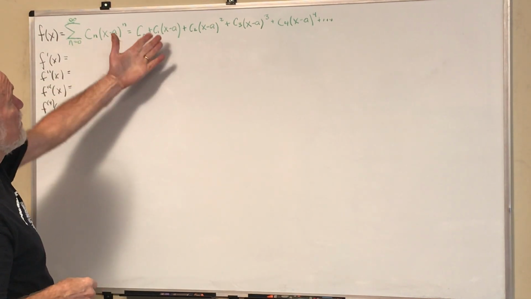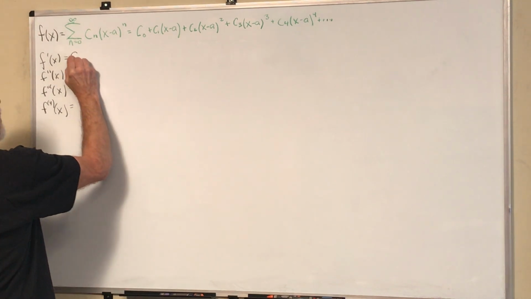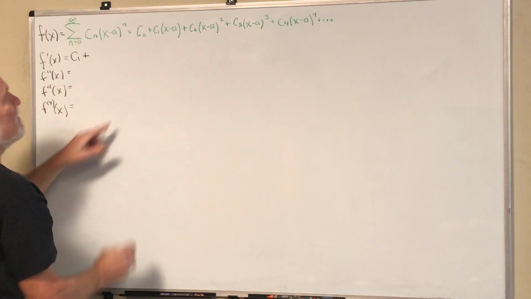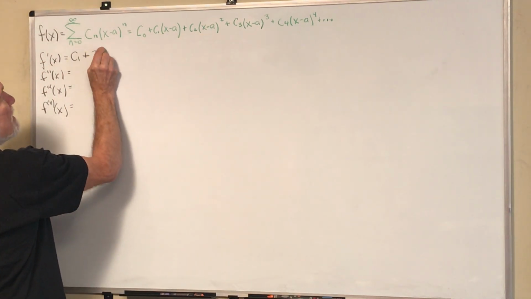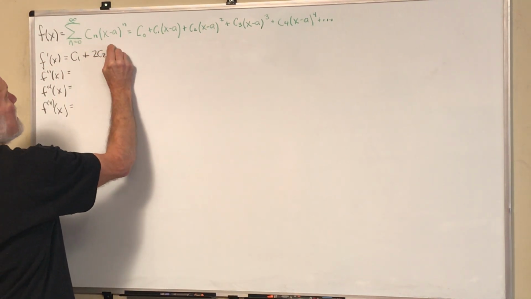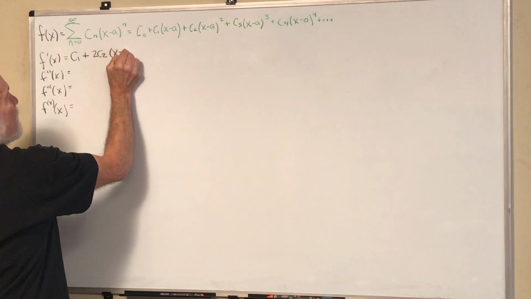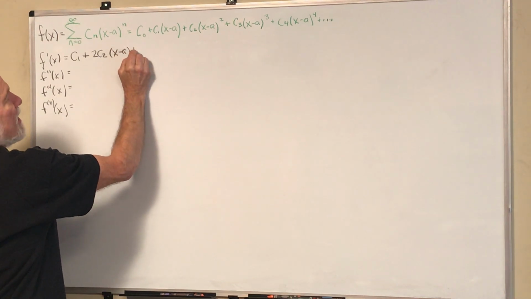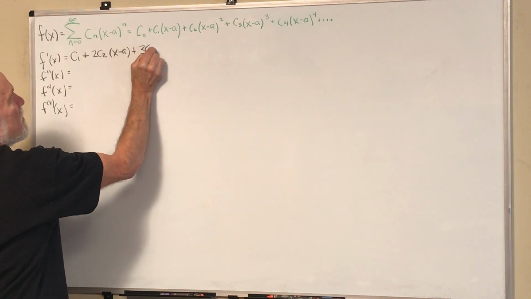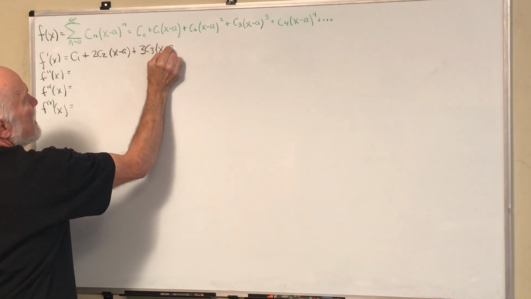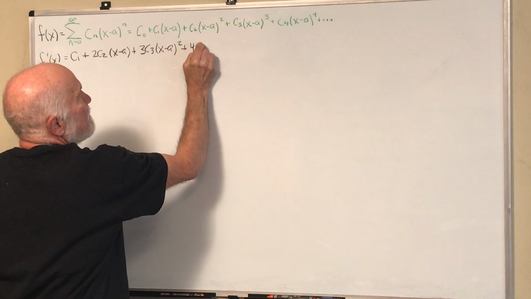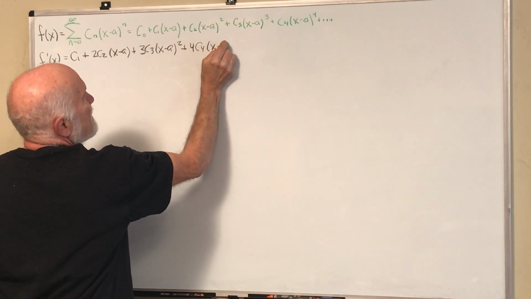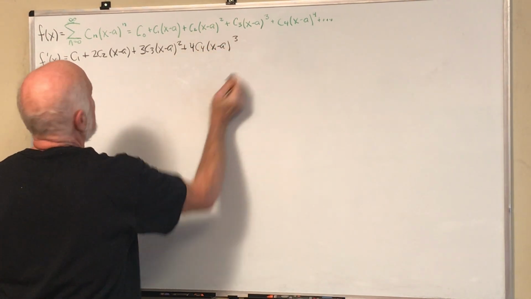The derivative of C0 is 0, then you get C1, and the derivative of this would be 2C2 times (x minus a) to the first, plus 3C3 times (x minus a) squared, plus 4C4 times (x minus a) cubed.